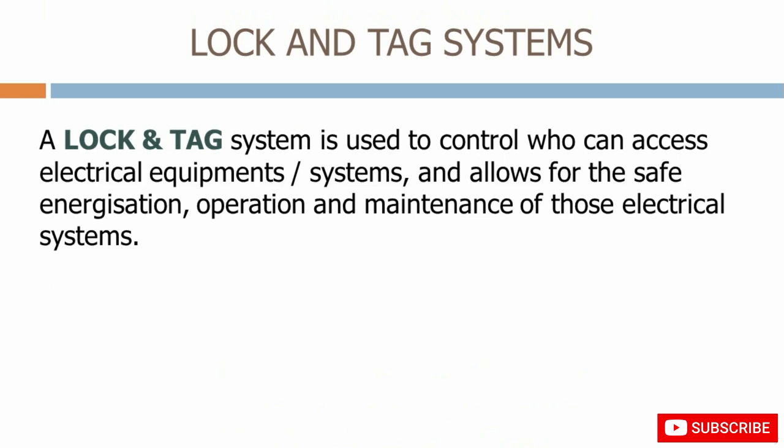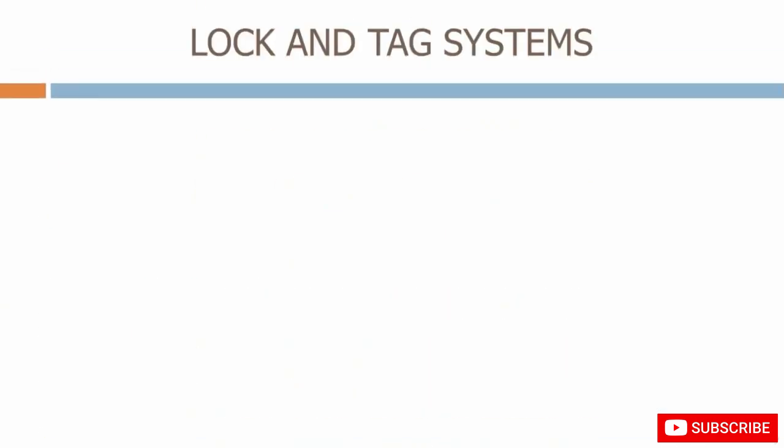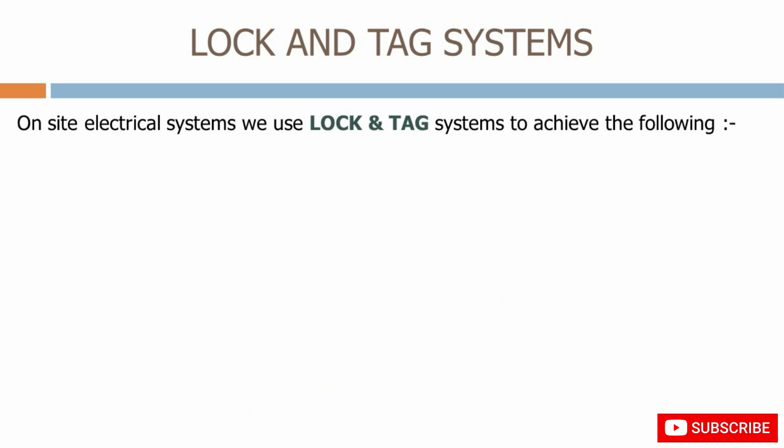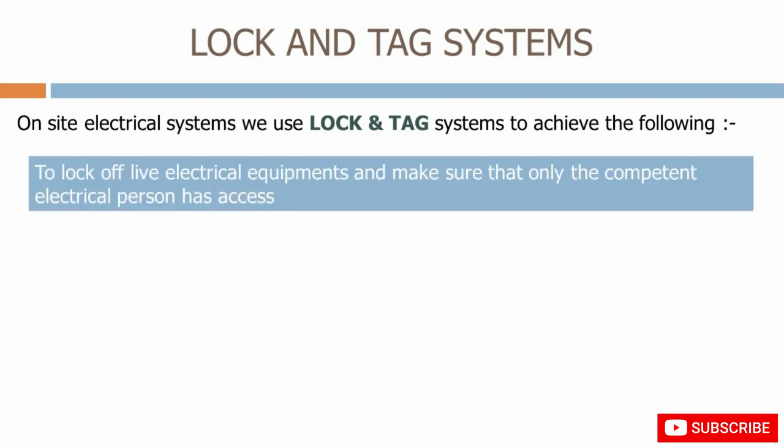A lock and tag system is used to control who can access electrical equipment or systems and allows for the safe energization, operation, and maintenance of those electrical systems. On site electrical systems, we use lock and tag systems to achieve the following: to lock off live electrical equipment and make sure that only the competent electrical person has access.